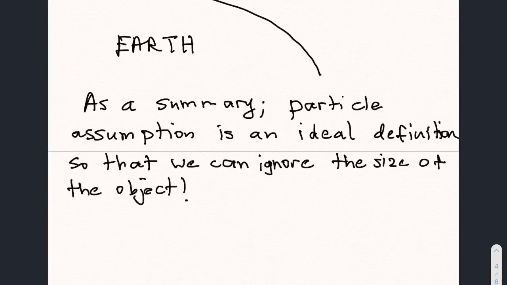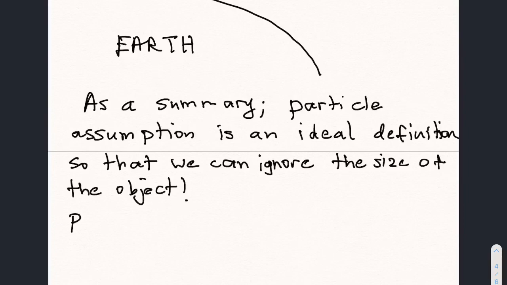And what is the benefit of doing this? The benefit is this: we don't need to deal with the inertial effect of the object itself, the rotational inertial effect of the object.